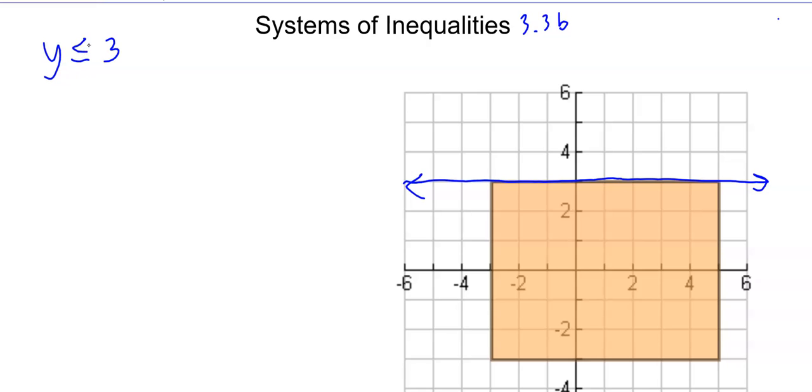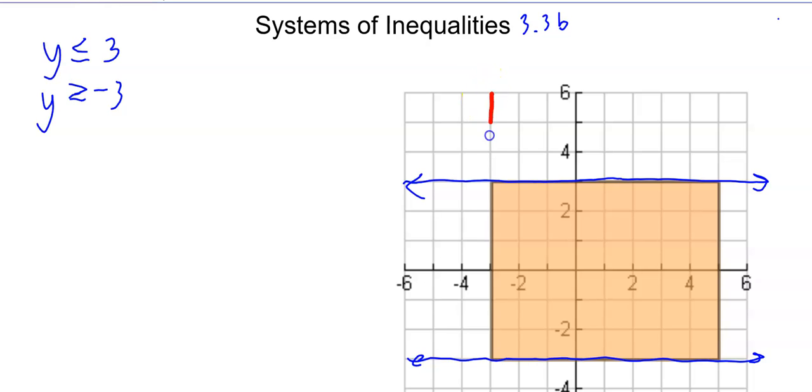So that restriction would shade below that line. In a similar manner, this one is also horizontal. It has a y value of -3, and that one looks to shade above, so greater than or equal to. So that would give you the area in between those two.